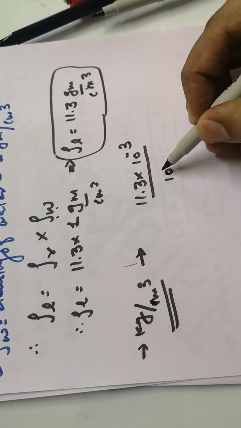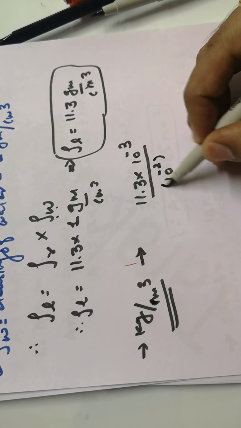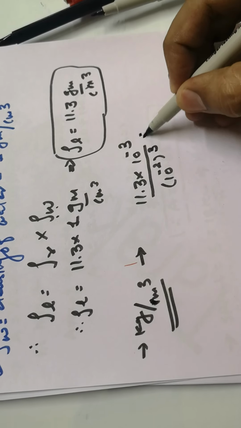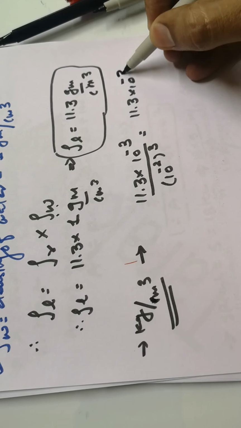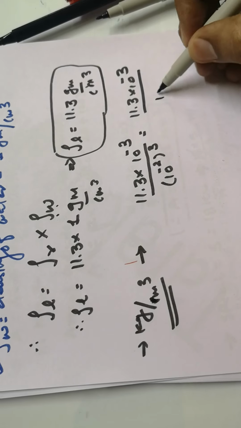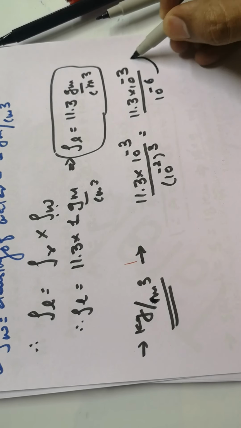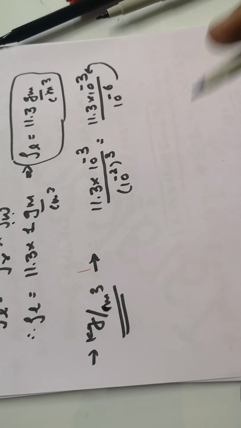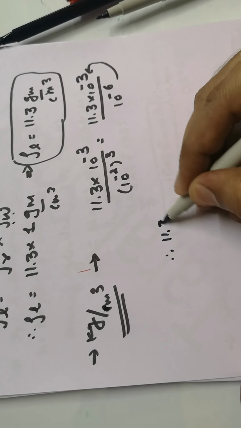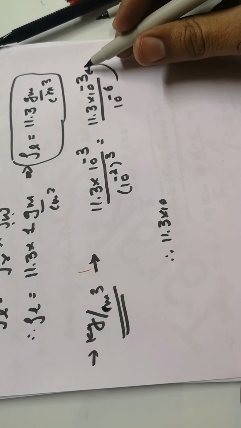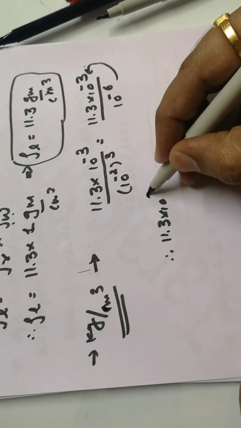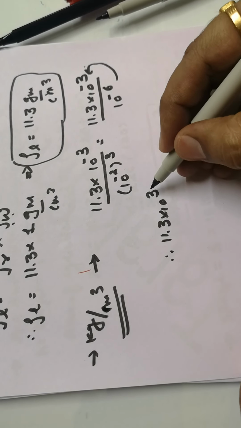Centimeter is converted to meter, 10 to the power minus 2, and it's a cube. So I can have 11.3 times 10 to the power minus 3 multiplied by 10 to the power minus 6. Minus 6 is going in the numerator, so it becomes plus 6, and then plus 6 minus 3. So that is why I have 11.3 times 10 to the power 3.